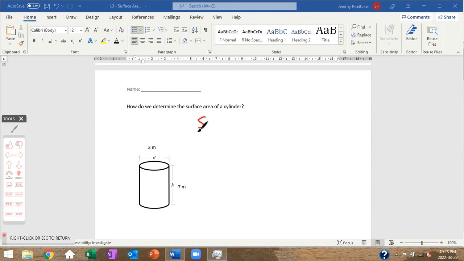So, surface area of a cylinder is two times the circles plus the sides. Okay.